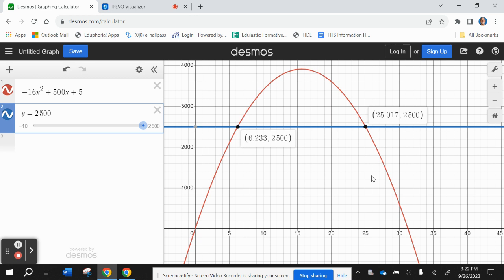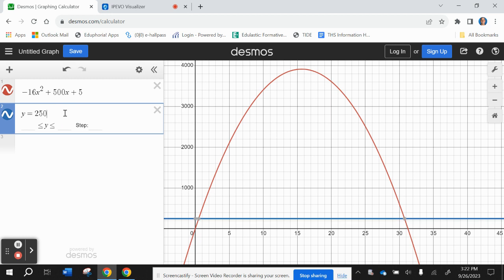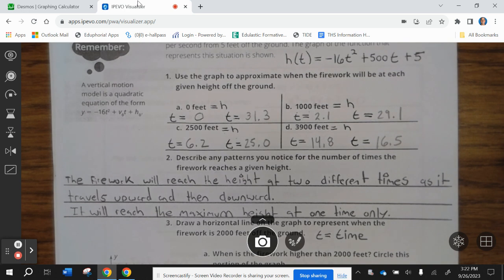All right, the next one is 3,900. And so then that's 14.8 and 16.5. All right, so go ahead and write those values down.